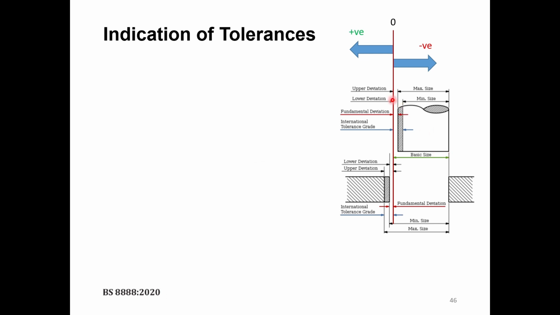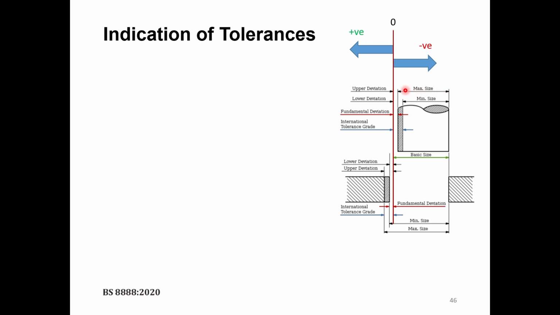So let's go back to here. We have the basic size, we have this zero line, and if the minimum diameter of the shaft is less than the basic size, we are on the negative side. It means that the diameter of the shaft is going to be less than the basic size.